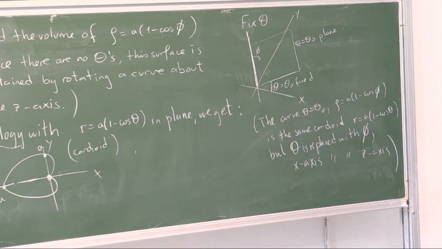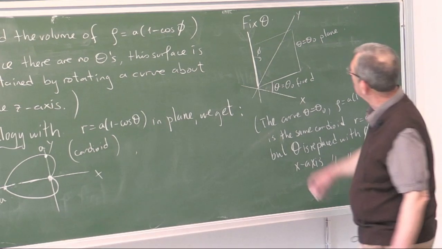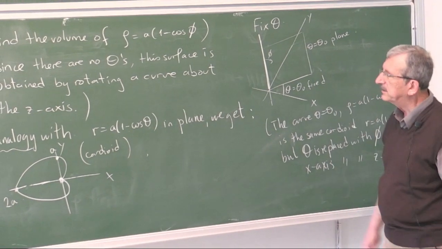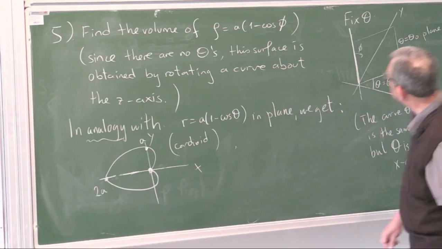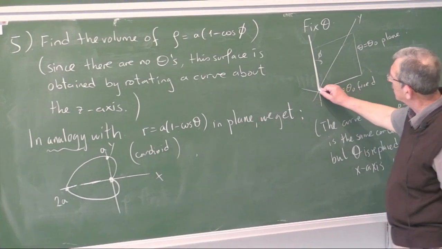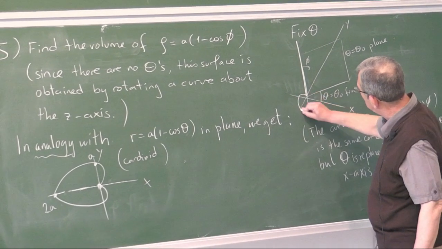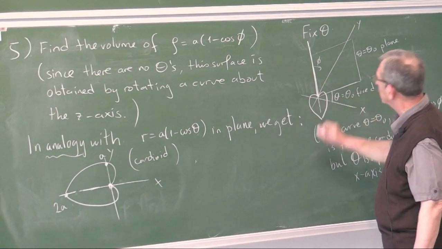In other words, what we get here is exactly the same figure, but instead of x, we have the z-axis. So we have here the following cardioid.